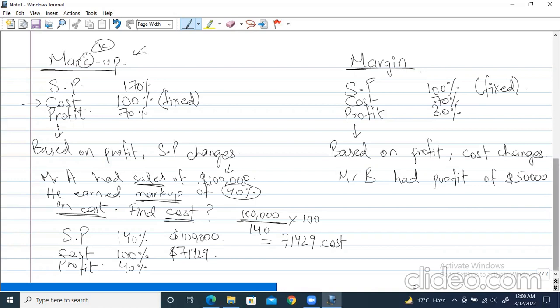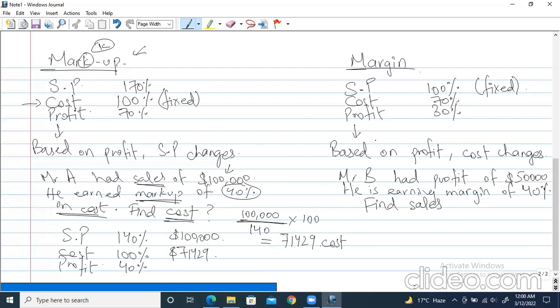So over here, I have ascertained the dollar value with profit, right? He is earning a margin of, let's say, 40% again. So with a margin of 40%, we have to find the sales.